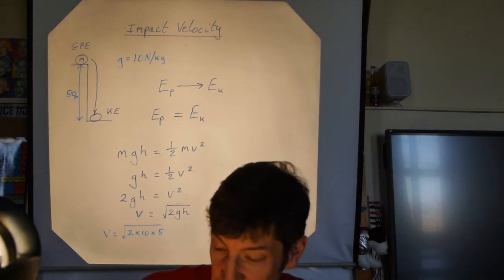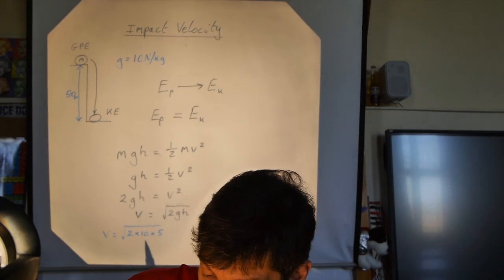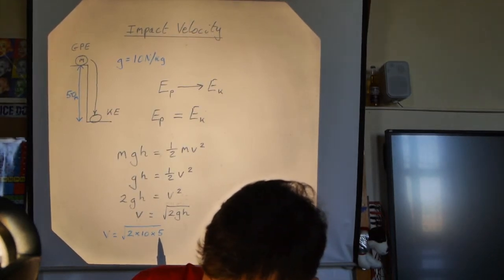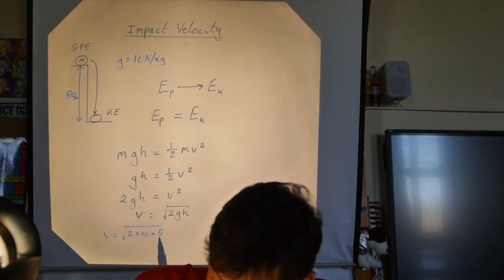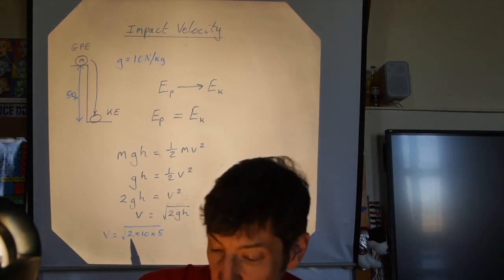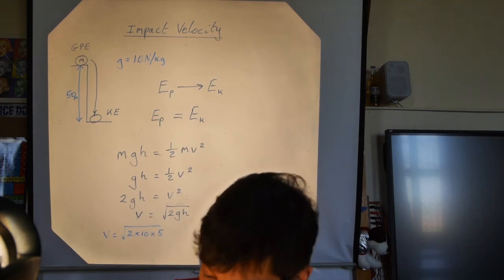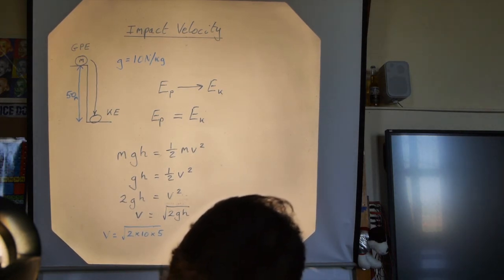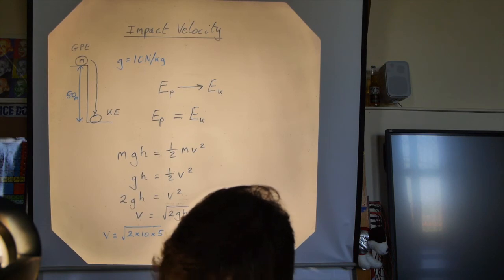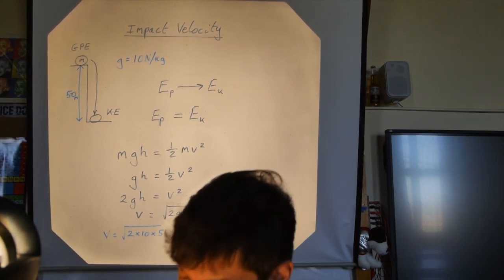Let's just quickly work that out. 10 times 5 is 50, 50 times 2 is 100, and the square root of 100 is 10. So v, the impact velocity, will be 10 meters per second.